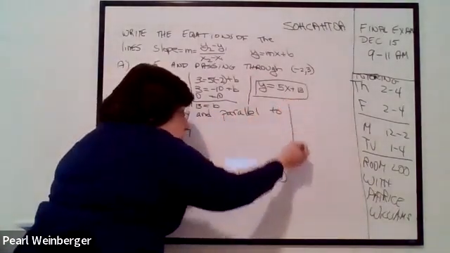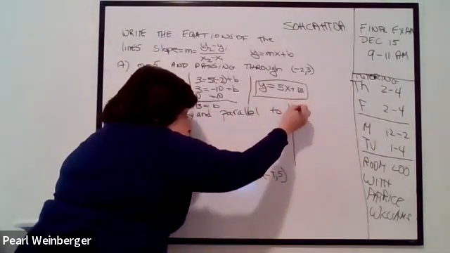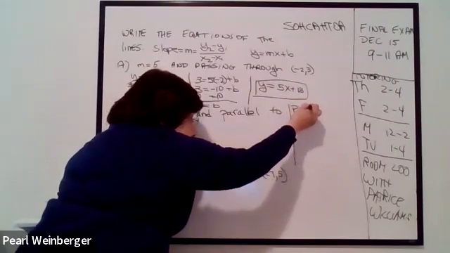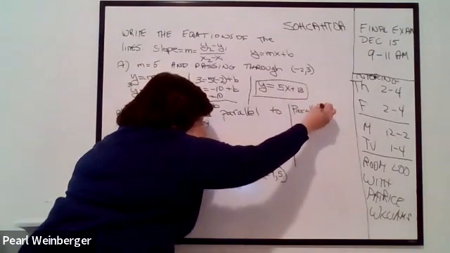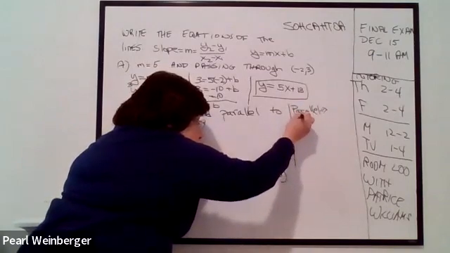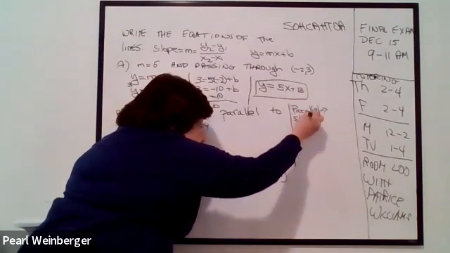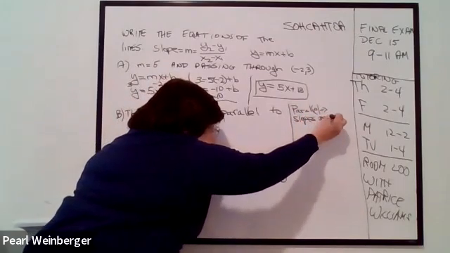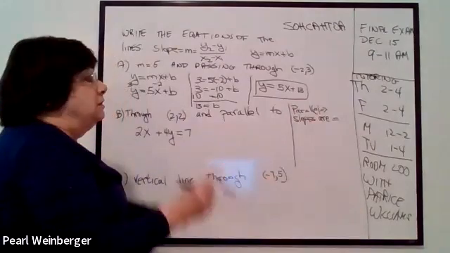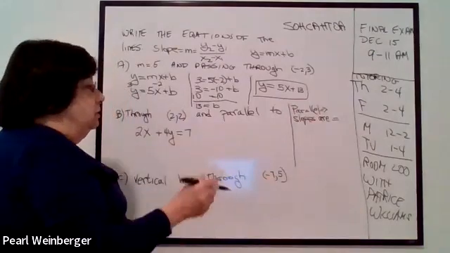If the lines are parallel, then the slopes are equal. Parallel lines have exactly the same slope.